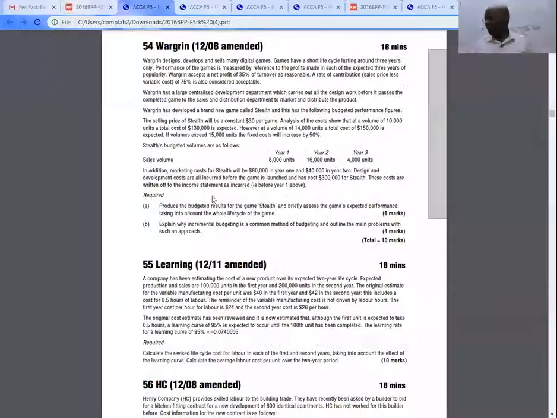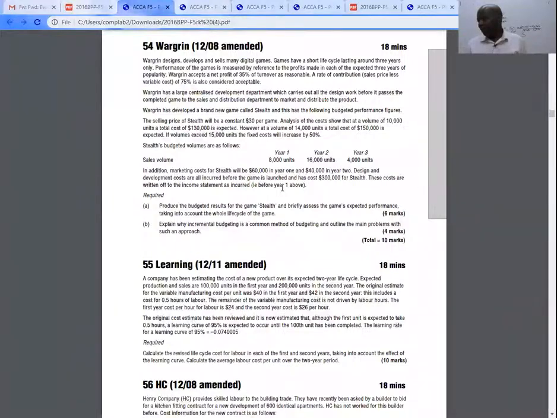So you see, they have given us the budgeted volumes as follows. In addition, we have marketing costs for Stealth of 60,000 in year 1 and 40,000 in year 2. Design and development costs are all incurred before the game is launched and cost 300,000 for Stealth.